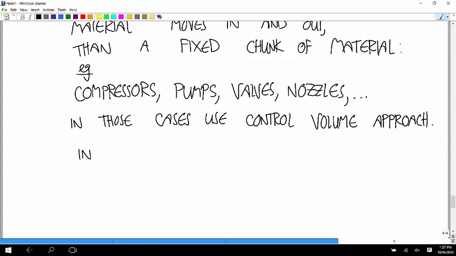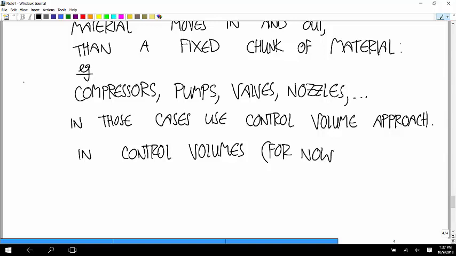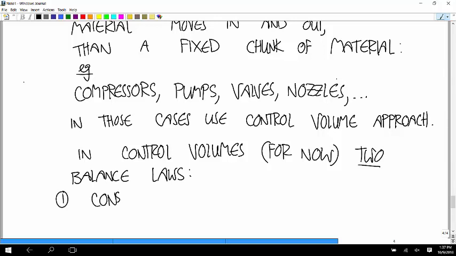And in control volumes, there are going to be two balance laws that we're going to use for now, because we'll come back to control volumes when we go to the second law of thermodynamics. The first one is conservation of mass.